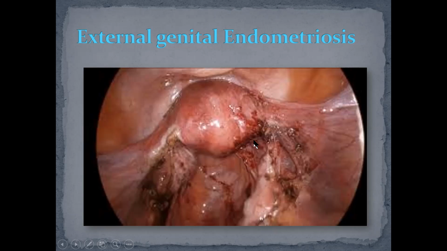And depending on the amount of these lesions and the degree of invasion of these lesions, the severity of the disease also varies. The method for the diagnosis of external genital endometriosis is diagnostic laparoscopy.